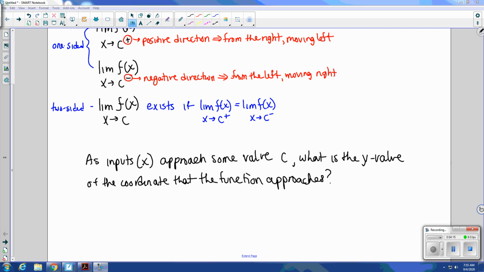And the answer to this question is the value of the limit.